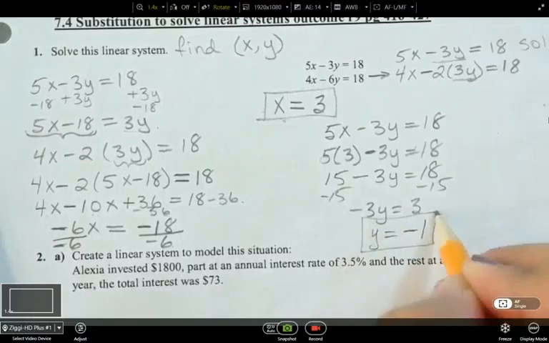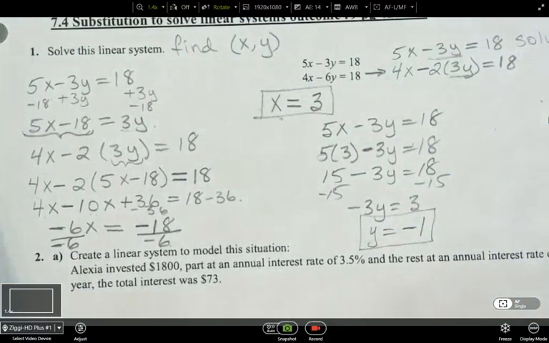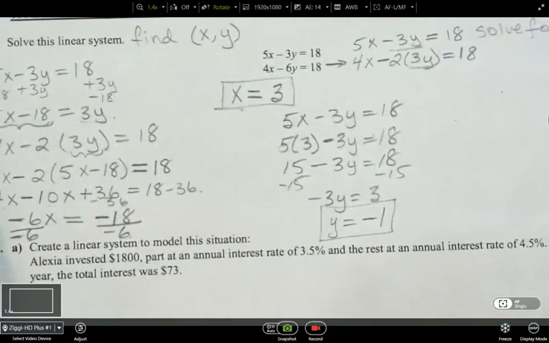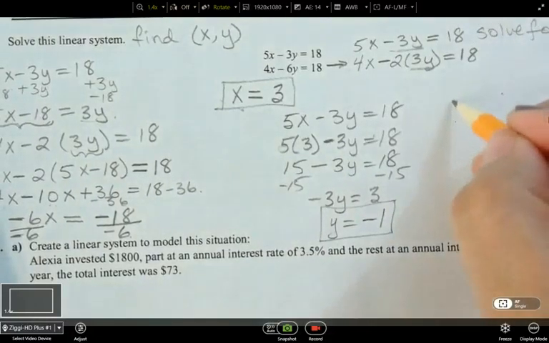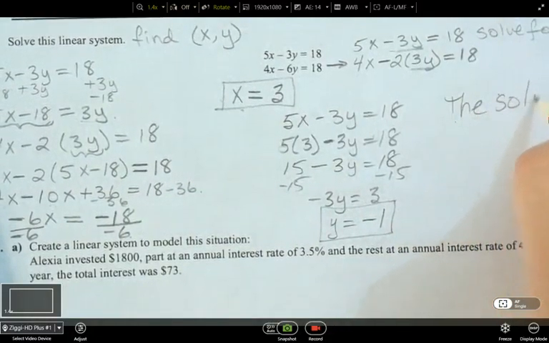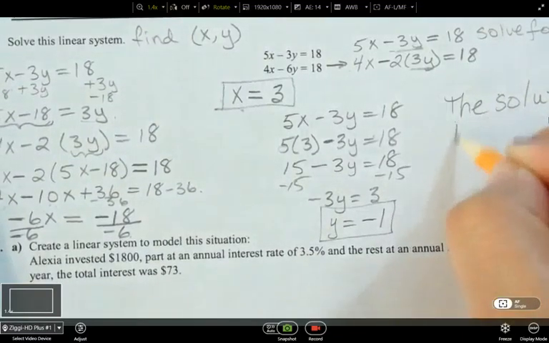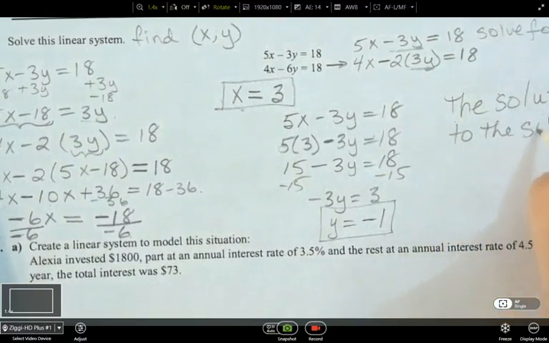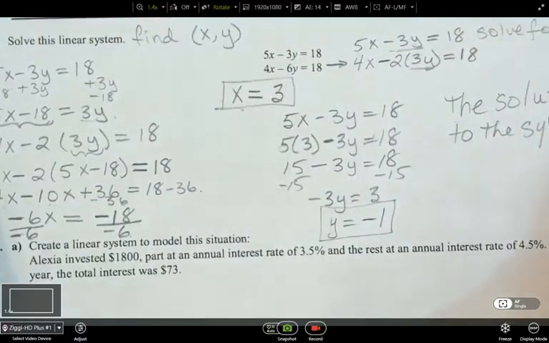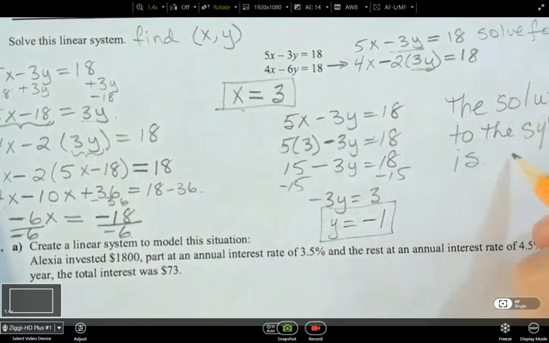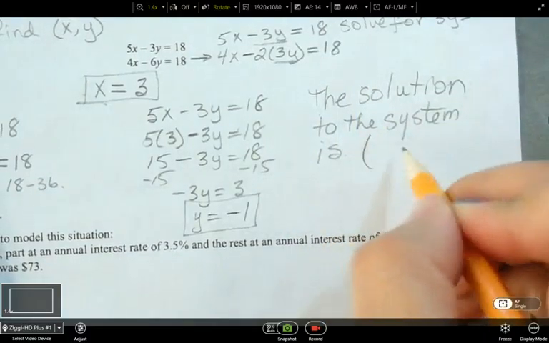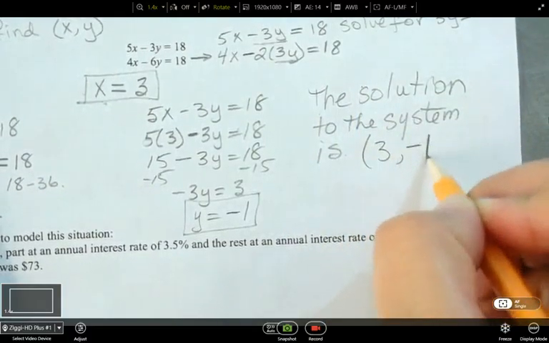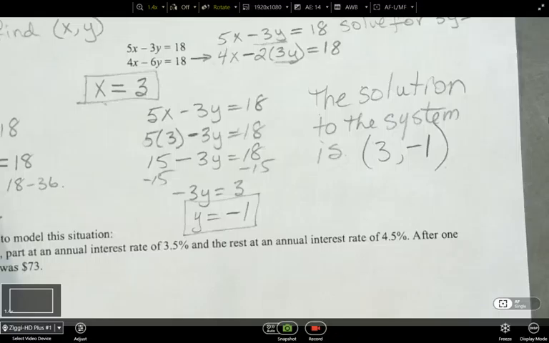Okay, so that's one more piece of the puzzle. So what's our final answer to this system then? So the solution to the system is, and how do we state our answer? What does it look like? It looks like a point, yeah. So coordinate point, 3, comma, negative 1. Cool?